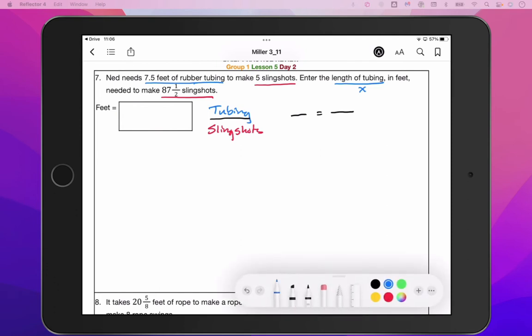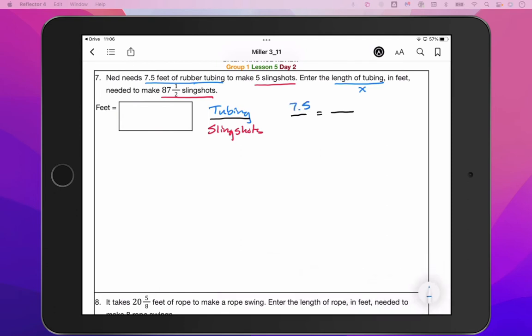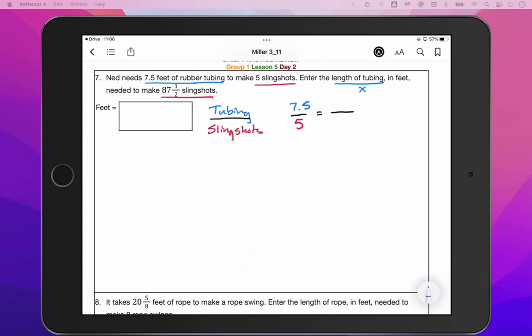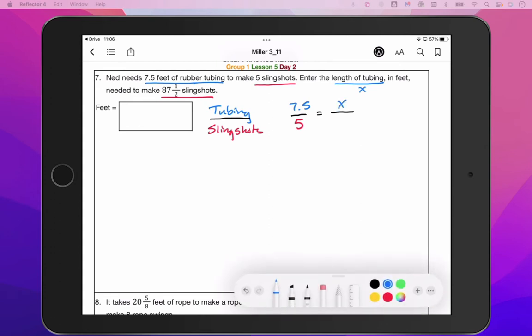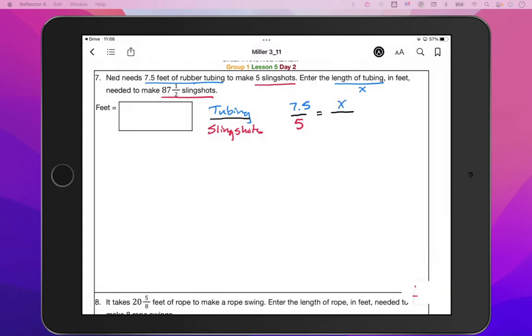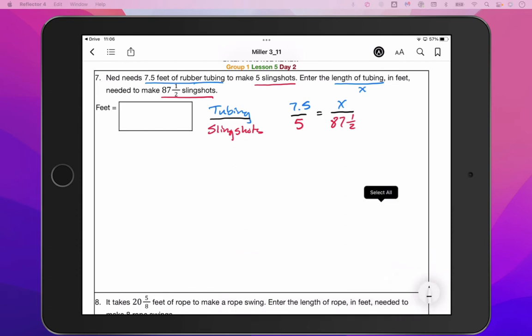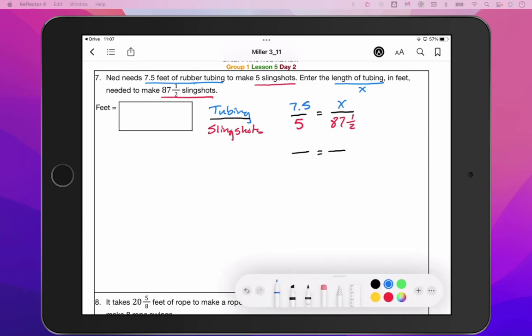It will be 7.5 feet of tubing to make 5 slingshots. And we don't know how much tubing, that's our X value, to make 87.5 slingshots. My first thing is going to be to change that mixed number 87.5 into an improper fraction, just because that will be easier for me to work with.